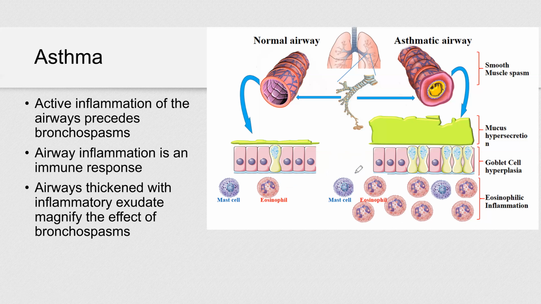Inflammation will cause the accumulation of fluid, swelling, plus also we see hyperplasia of goblet cells. So goblet cells produce mucus. Now we have increased number of goblet cells, so we have mucus hypersecretion, and it's going to plug the airways, right?